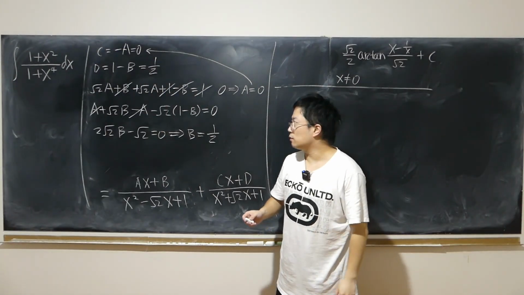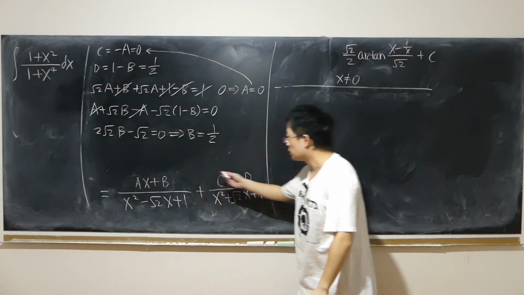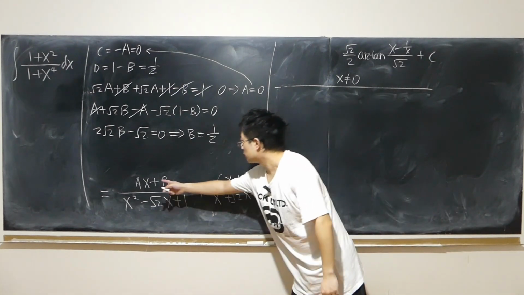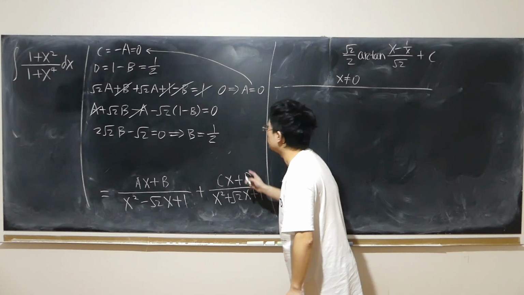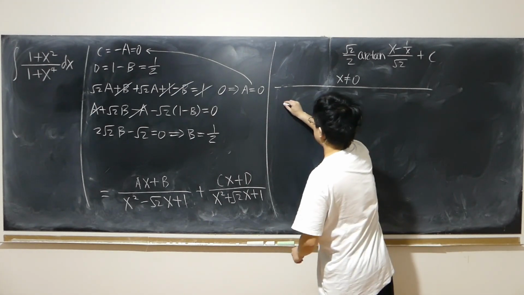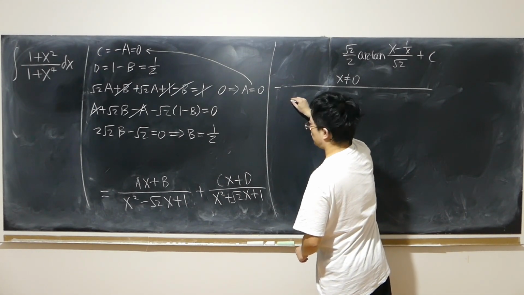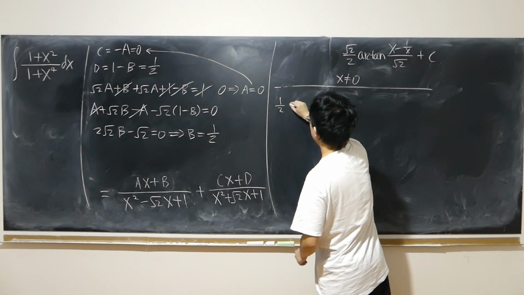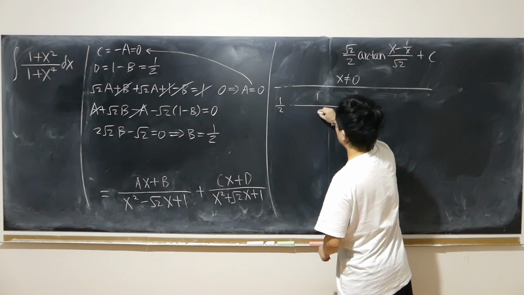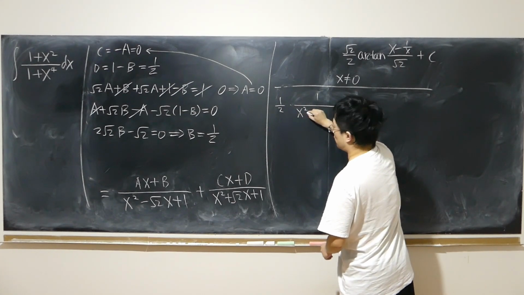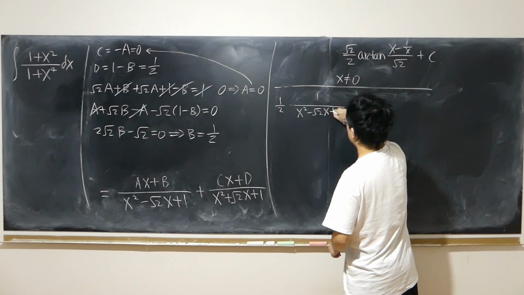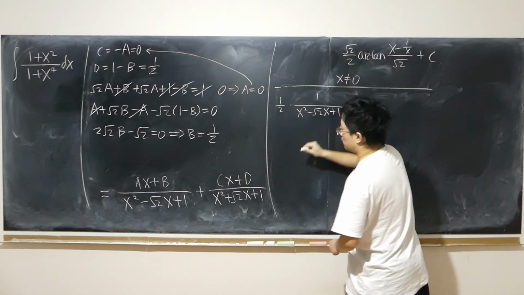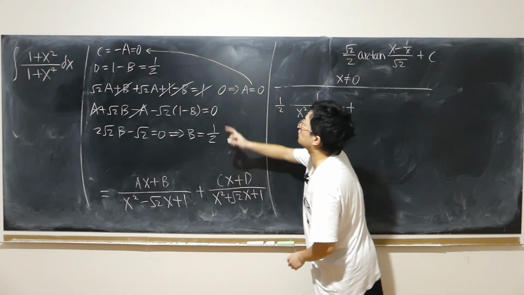So remember, I've turned the integrand into this. When a and c equal 0, this is gone, and b and d are there. So b is half times 1 over x squared minus square root of 2 x plus 1, and d half, right? c gone.